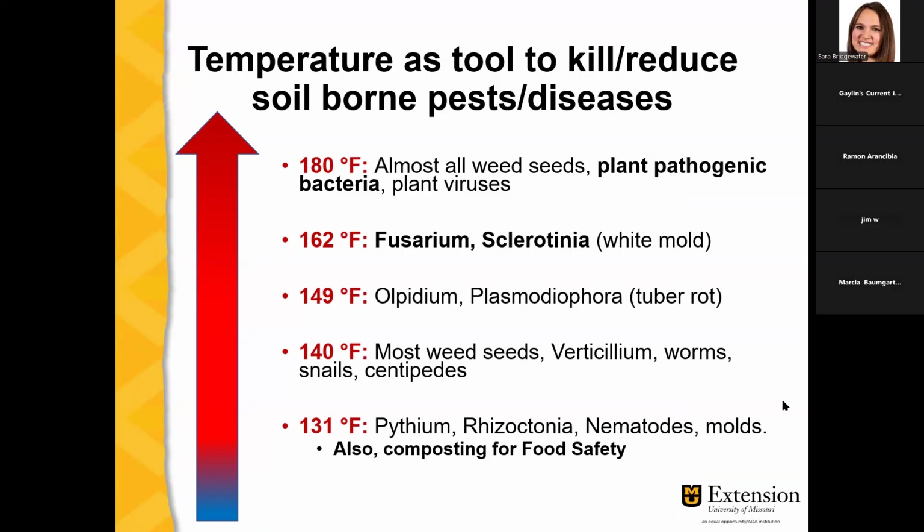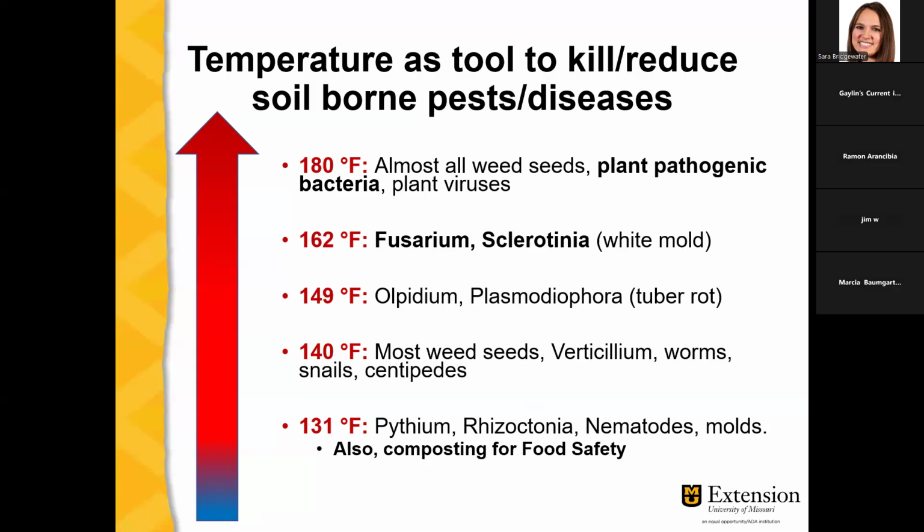So if you only get 140 or 150 degrees, you're going to kill some of the problems in your compost pile or in your garden, but you may not be able to kill these other ones. So the higher the temperature that you can reach, the better.